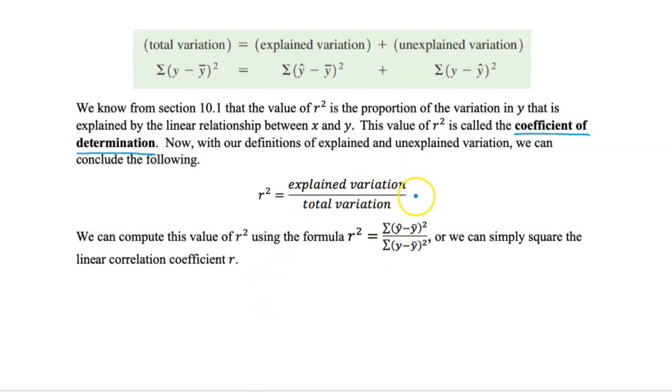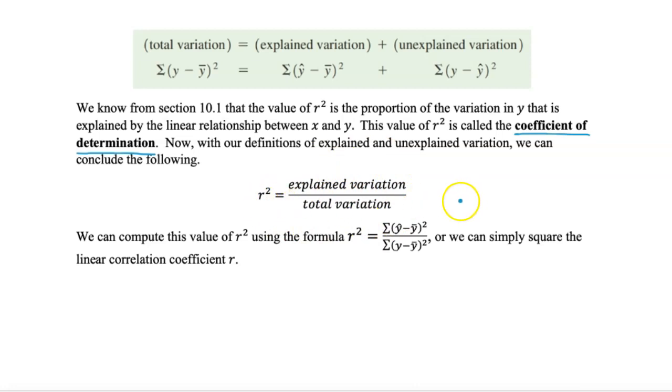Now that we understand explained and unexplained variation, we can conclude that r squared is the proportion of variation that's explained by the relationship. We know from Statistics 1 that when we have a proportion, it's the number that fits the situation, so the amount of explained variation over the total.